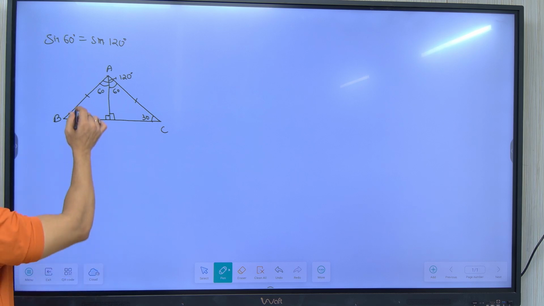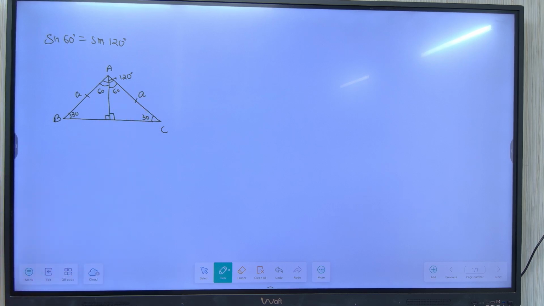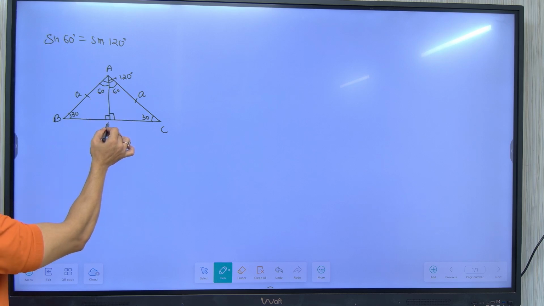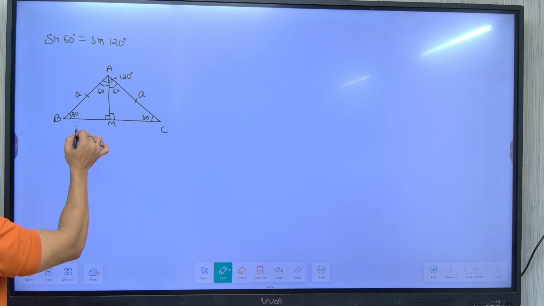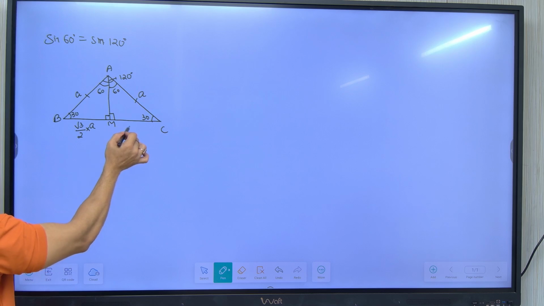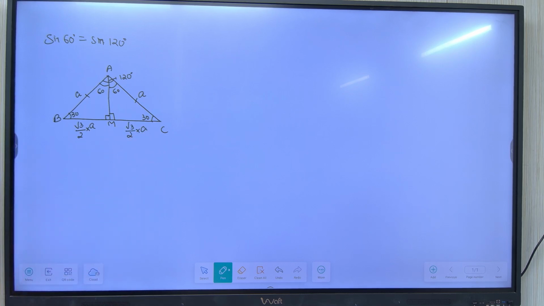Let's say this side is A, and this side is also A, right? Side opposite to 60 degrees is what? This is root 3 by 2 times of hypotenuse A, and this is also hypotenuse A. Understood?